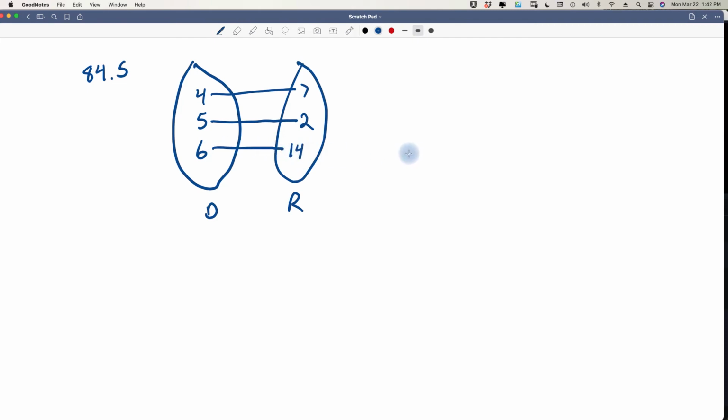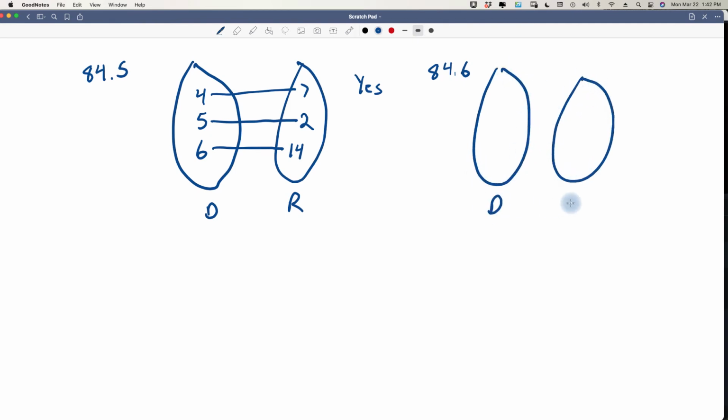Is this a function? If you said yes, you are correct, because every x value has its own y value. No x value has more than one y value, and they all have one. So yes. All right, 84.6. What about this set?